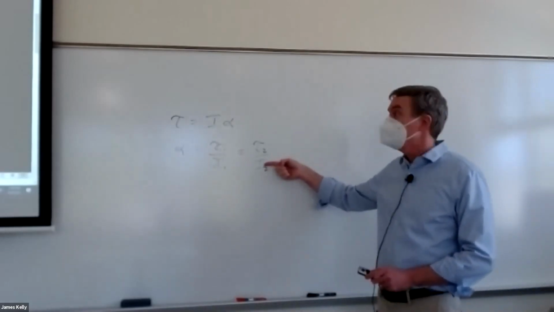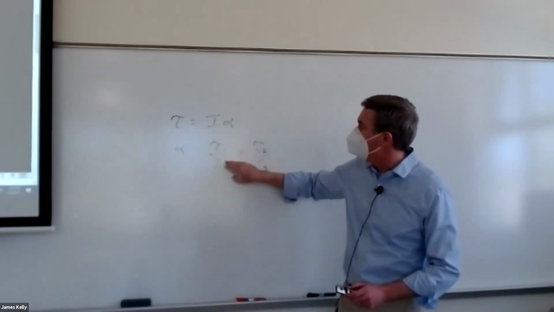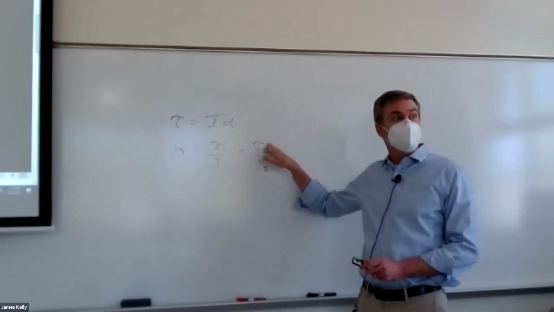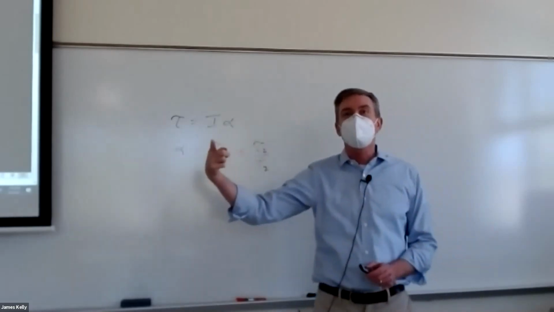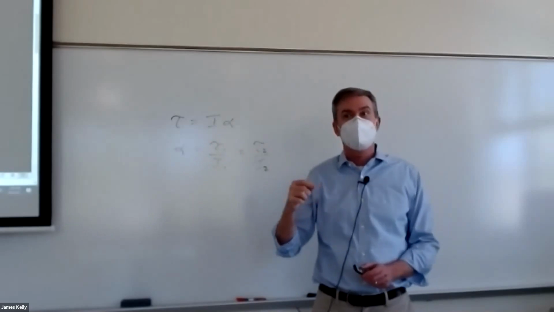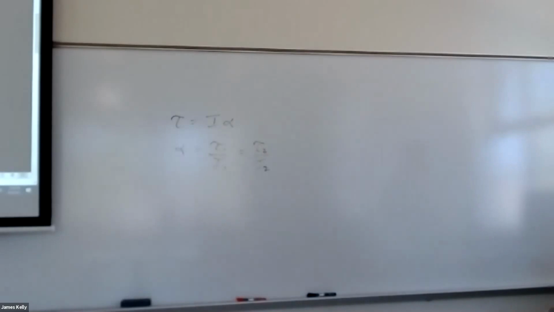And so that means if I want alpha to be the same, right? If the denominator got 4 times as big, the numerator better have gotten 4 times as big. Now we're using the same force, so we've got to have 4 times the moment arm, in order to make the torque 4 times as big if the moment of inertia is 4 times as big.